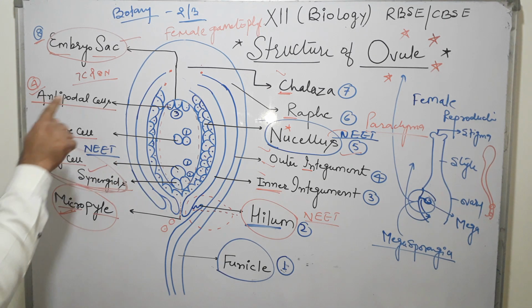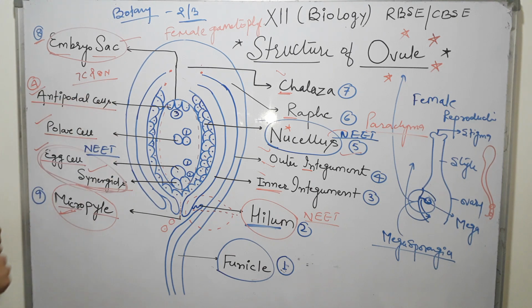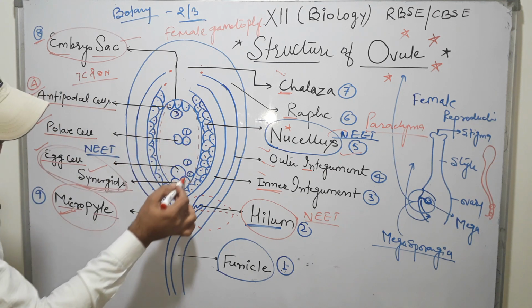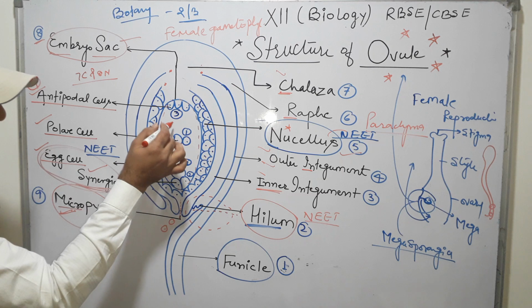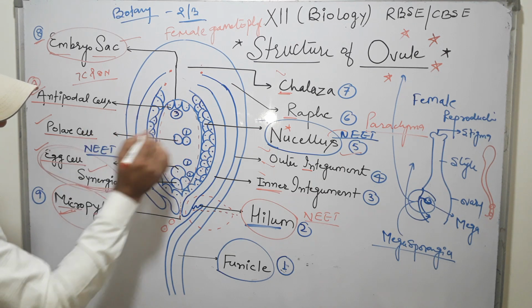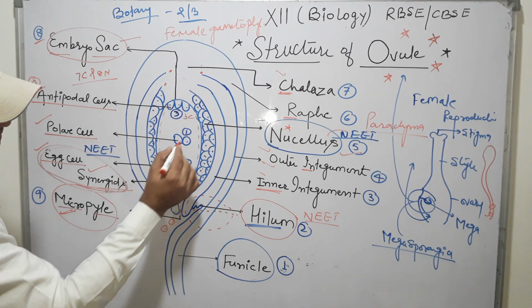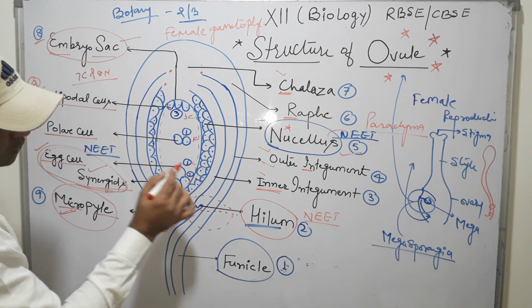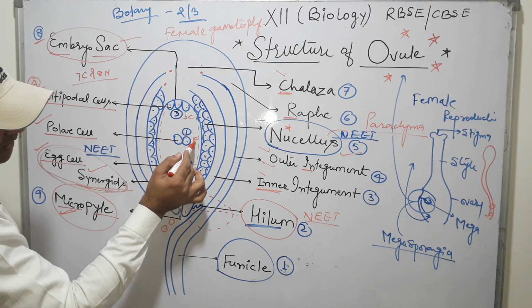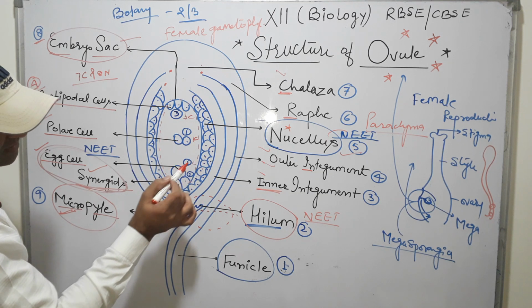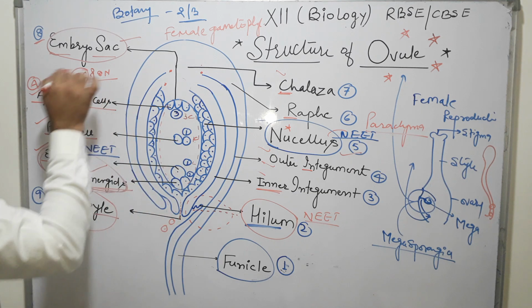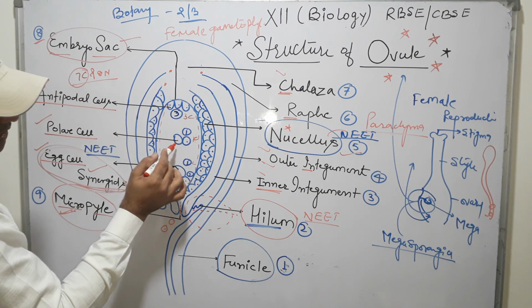Next is, what is the meaning of the 7 cell and 8 nucleus embryo sac? The meaning of the 7 cell 8 nucleus embryo sac is that there are total 7 cells in the embryo sac but 8 nuclei. So 3 cells, 1 cell, 1 cell and 2 cells. So 3 cells, 1, 4 cells, 5 cells, 2, 7 cells. So total 7 cells and then 8 nuclei.